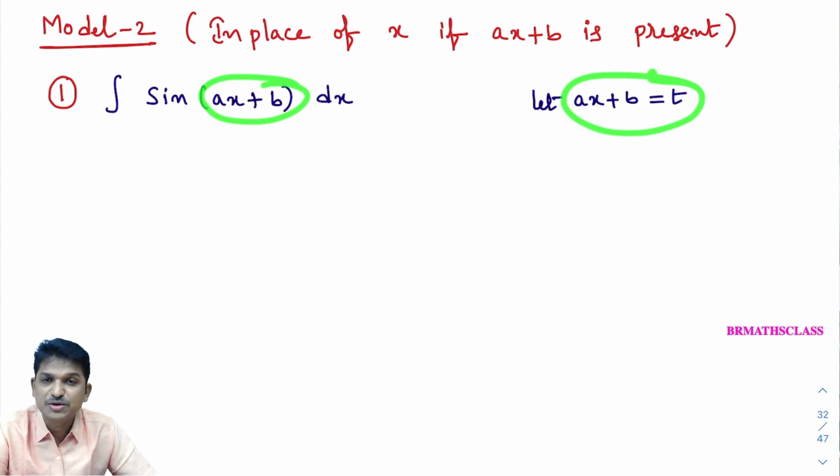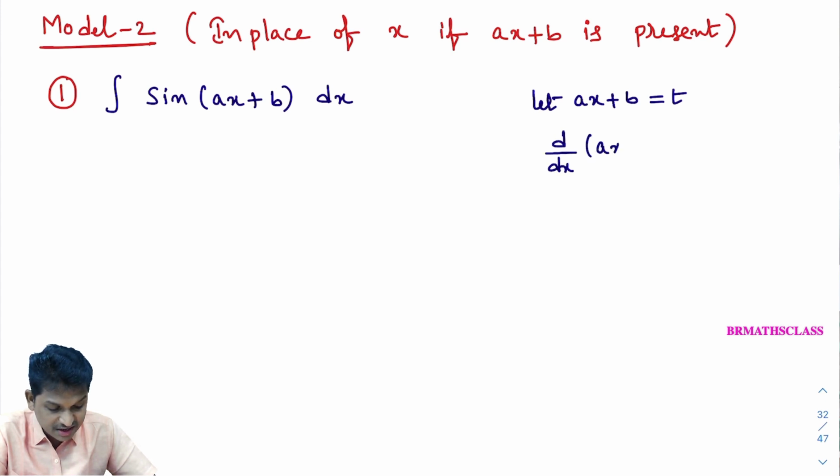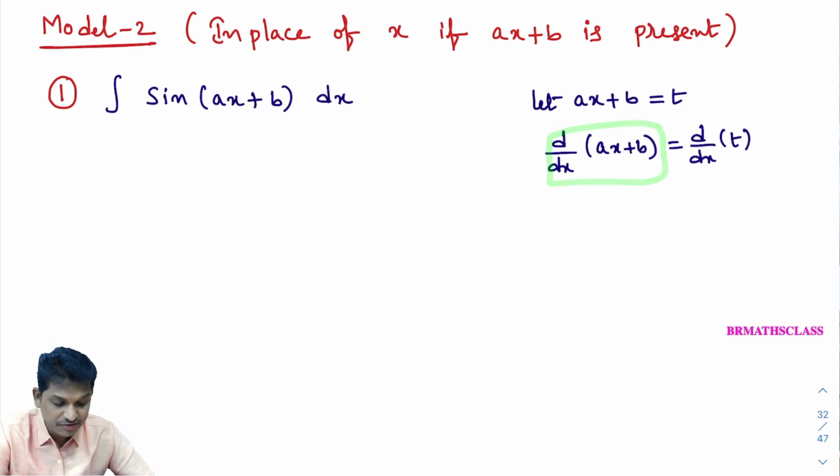After taking ax plus b as t, you differentiate this with respect to x on both sides. d by dx of ax plus b equals d by dx of t. How to differentiate this? Derivative of ax plus derivative of b.